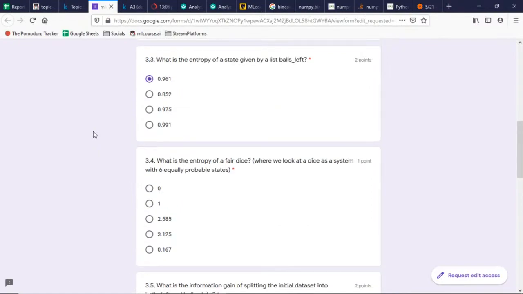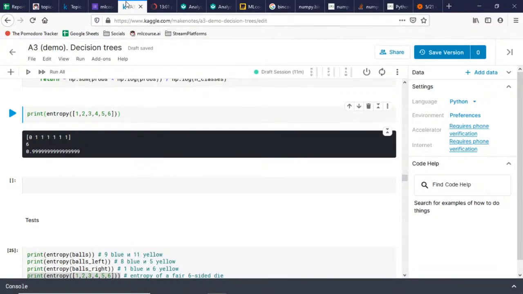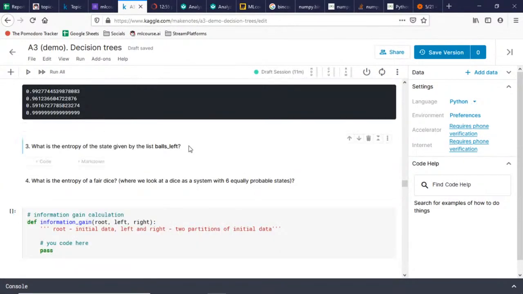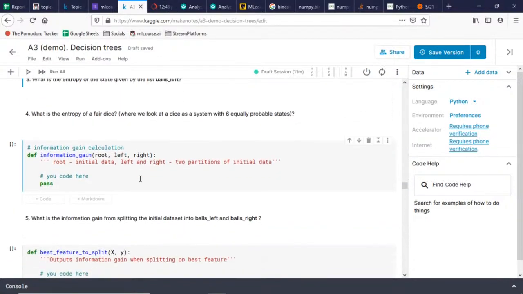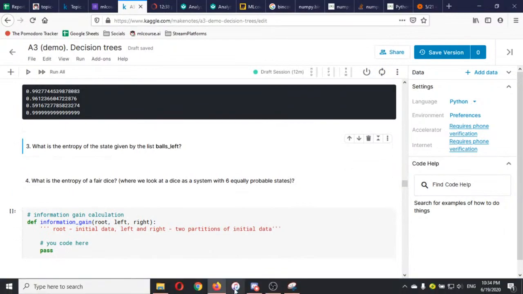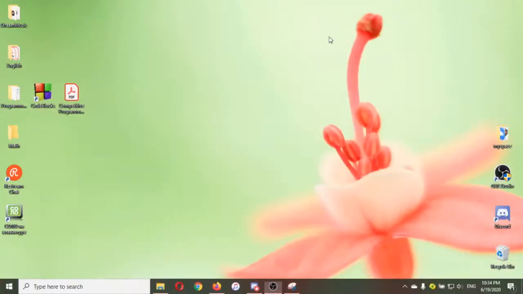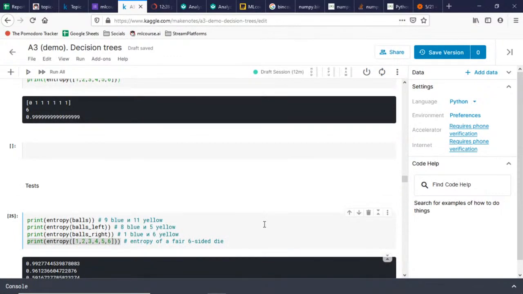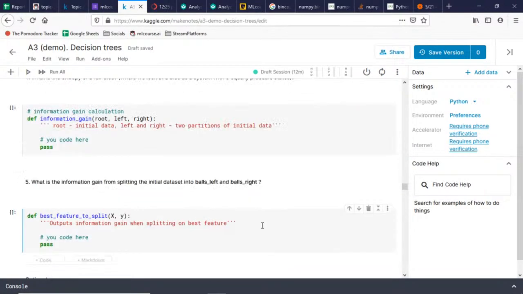Okay, so well, I think I can stop with it. Yeah, well, I have the function for entropy. Okay, that's good.